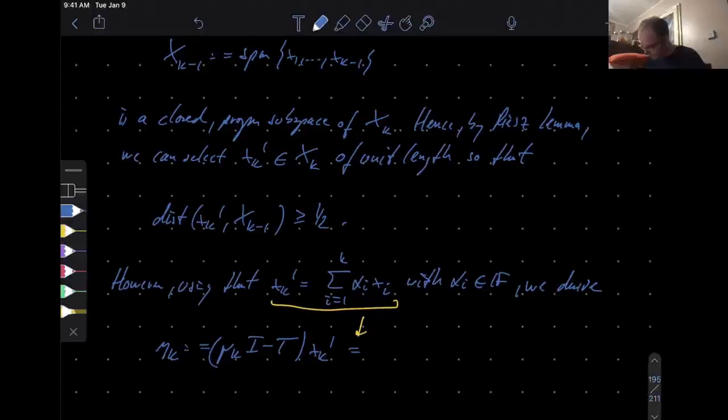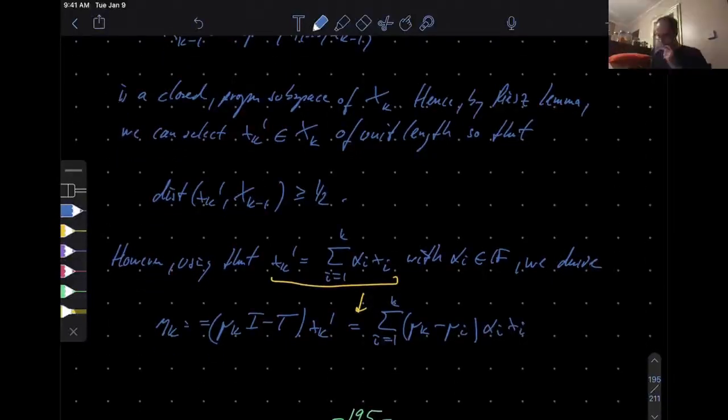Then this is equal to the sum from i equals 1 to k of mu k minus, since the eigenvalue-eigenvector equation acting on xi spits out a mu i, and then you have alpha i xi. Yeah, but now you see when i is equal to k, then you have a zero term there.